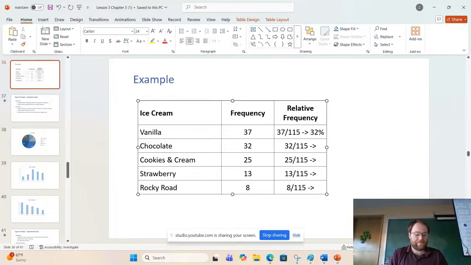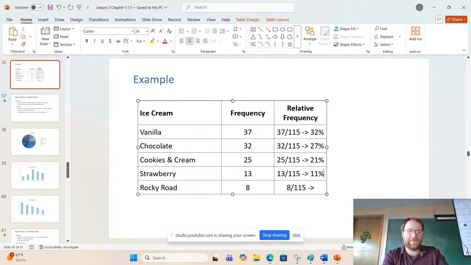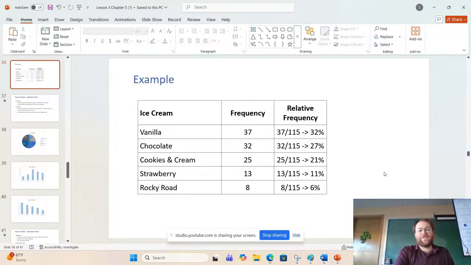Chocolate is 27%. Cookies and cream is 21%. Strawberries is 11%. And 6% for Rocky Road.